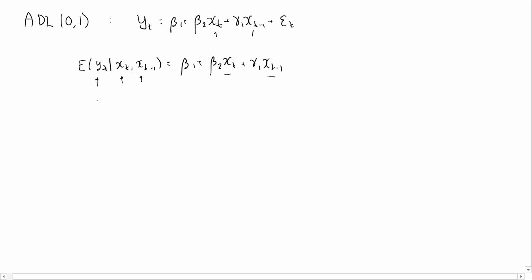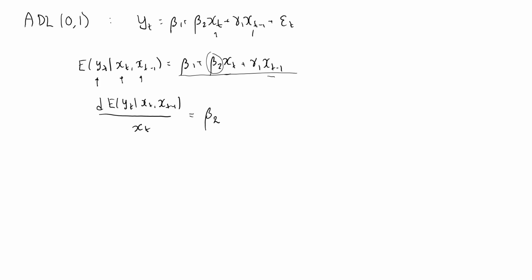So as you can easily see, the derivative of this expected value of yt conditionally on these guys with respect to xt, well, that's just this parameter beta 2. That would be the expected increase in revenue this period if we increase the amount on advertisement this period.